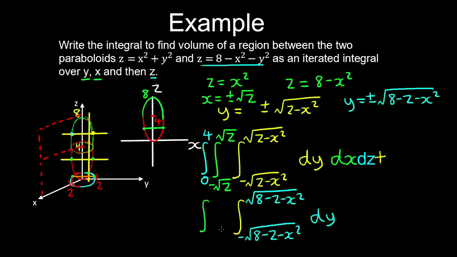And then we integrate over x. So we take a line parallel to the x-axis and write this equation of the parabola in the xz plane in terms of x. So we have x is plus or minus the square root of 8 minus z. So this line enters the region at minus the square root of 8 minus z and exits the planar region at the square root of 8 minus z.